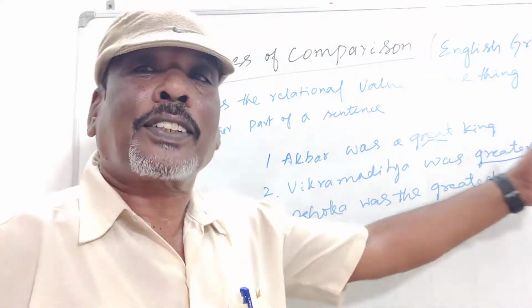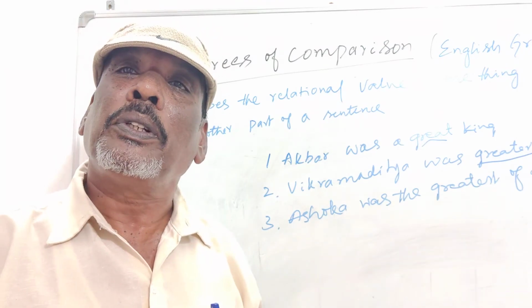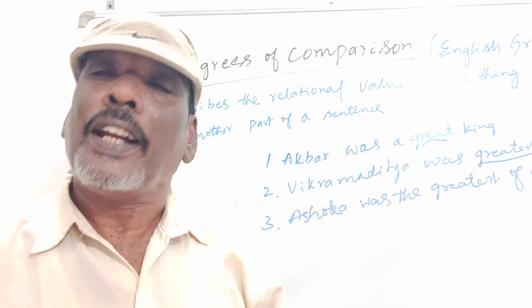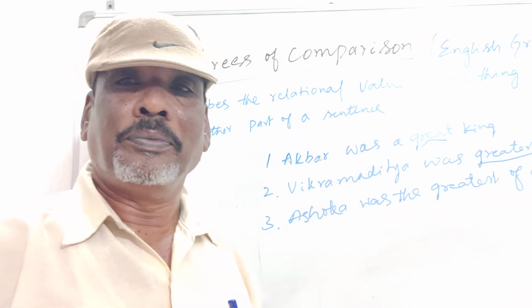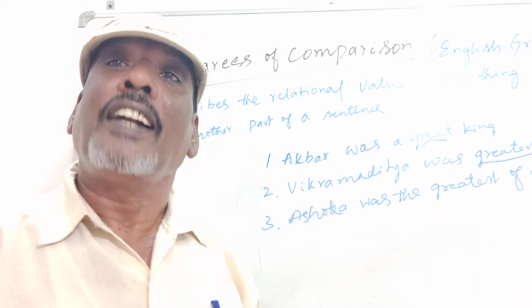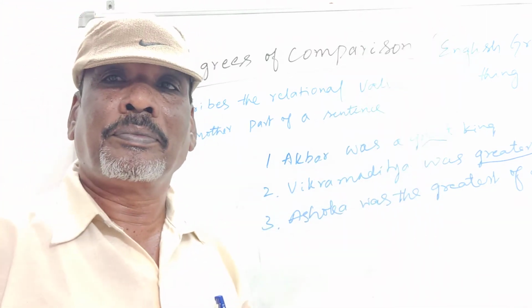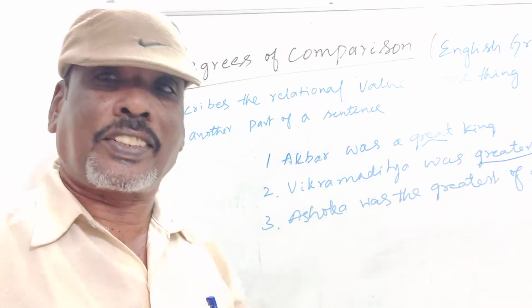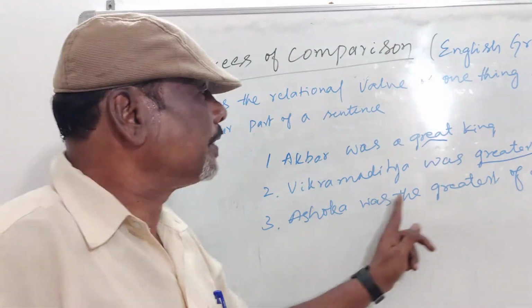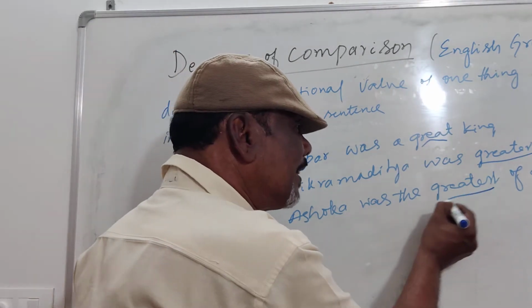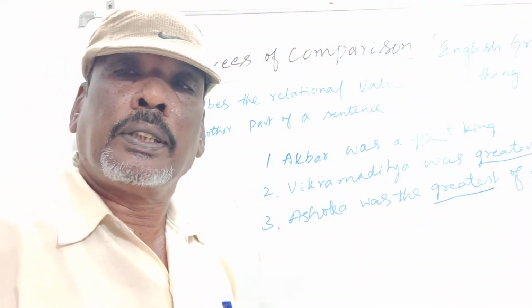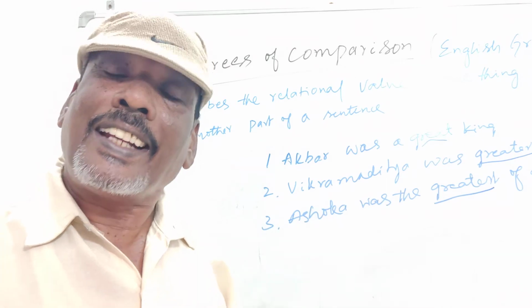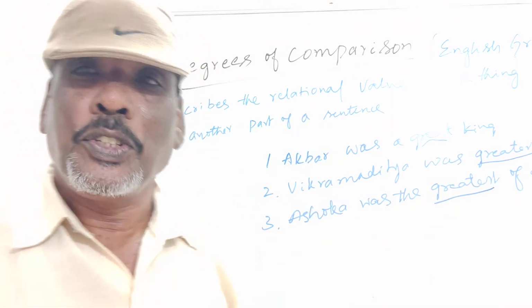Coming to the last one, Ashoka was the greatest of all. Ashoka is compared to many kings. And he is the greatest. A degree is greatest. So Ashoka was the greatest. Greatest is an adjective, and that great ends with est.